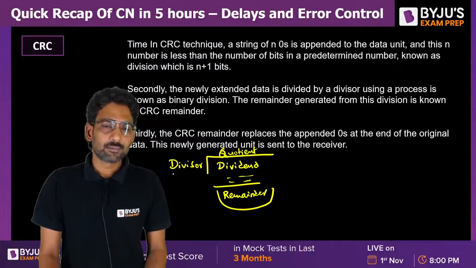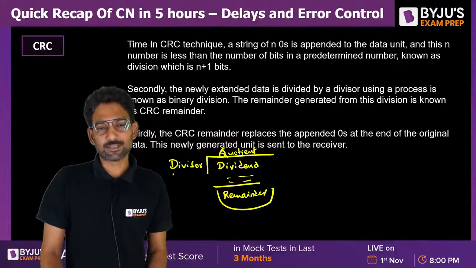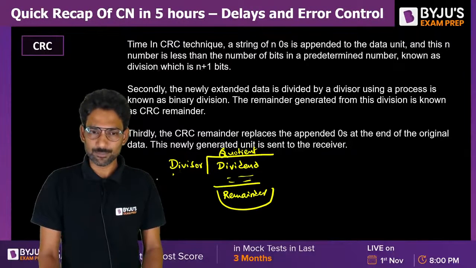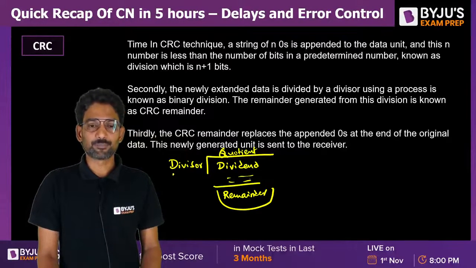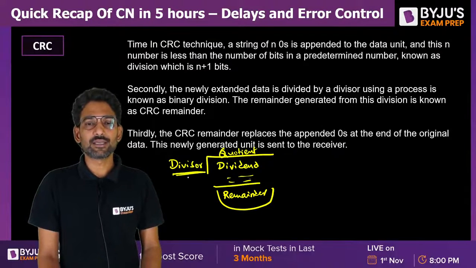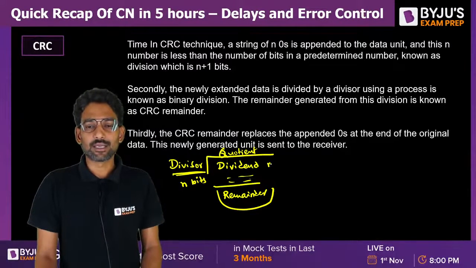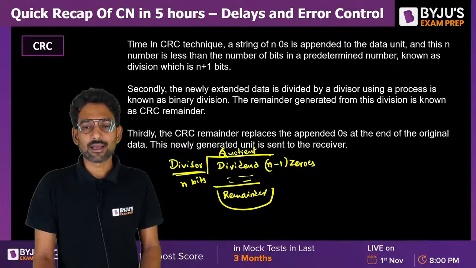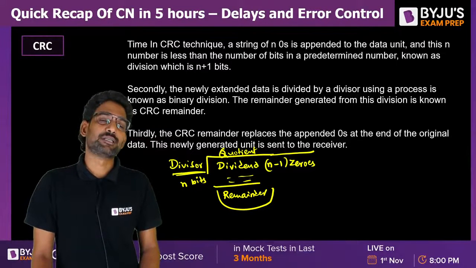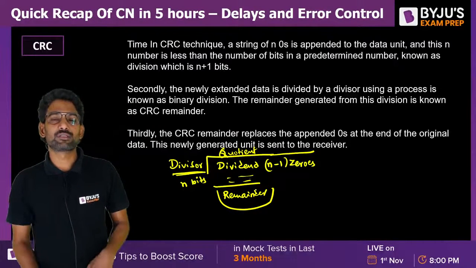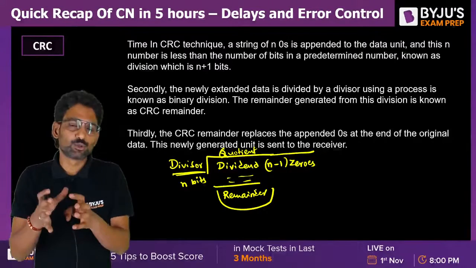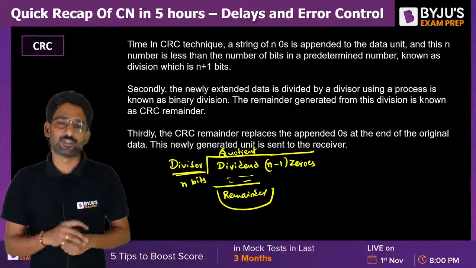Before the division starts, the sender does this: if the divisor is of n bits, he will append n minus 1 zeros at the end of the dividend and perform division.